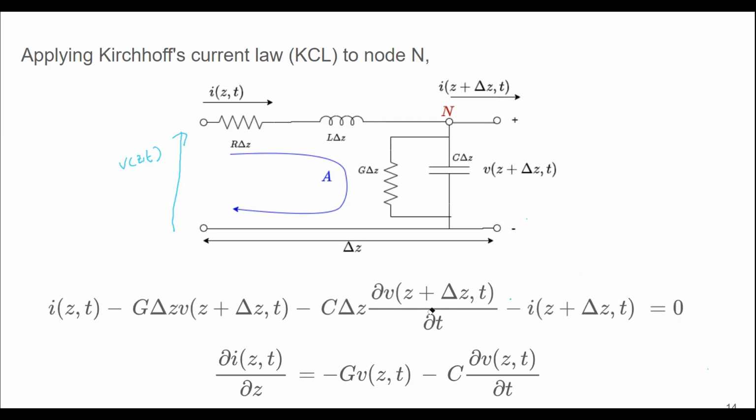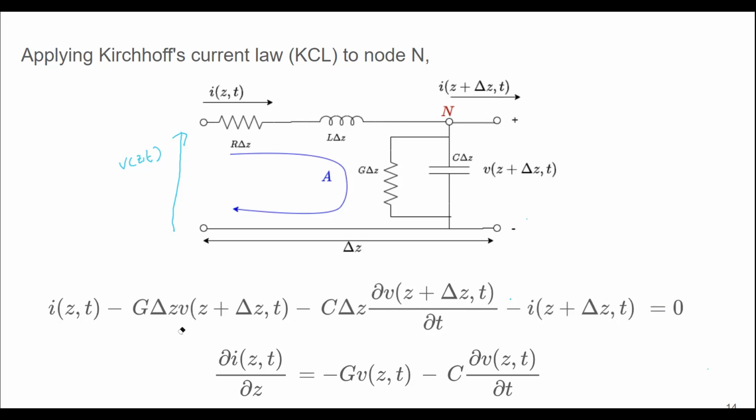The current that flows across the capacitor can be modeled using the capacitor value times the voltage drop across the capacitor. So by multiplying the capacitor value with the voltage drop, we can find the total current flowing across the capacitor. Then we multiply by Δz to find the total current flowing across this component.